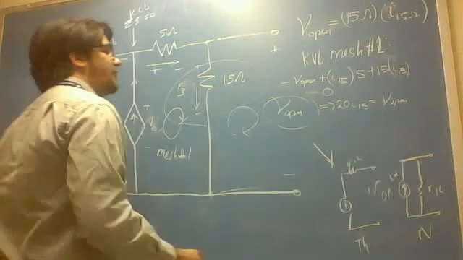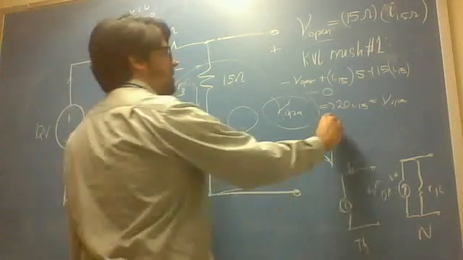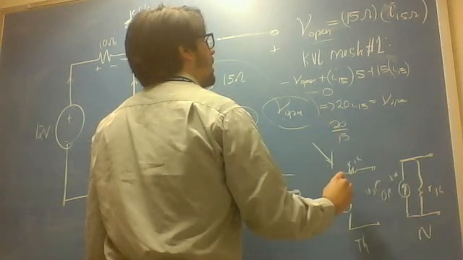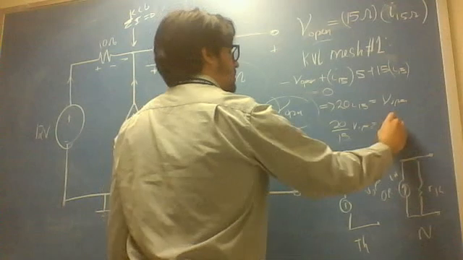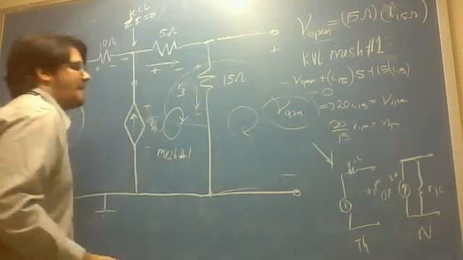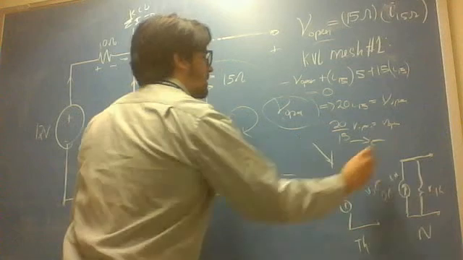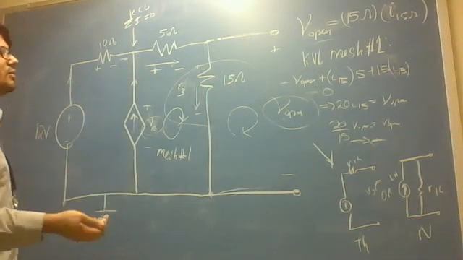I'm trying to do this so that you can find what V open is. But if you try to find V open using the Ohm's law relation I got earlier, you're going to get 20 over 15 V open equals V open, which means there's a contradiction, because there's no way that 20 over 15 is equal to 1.